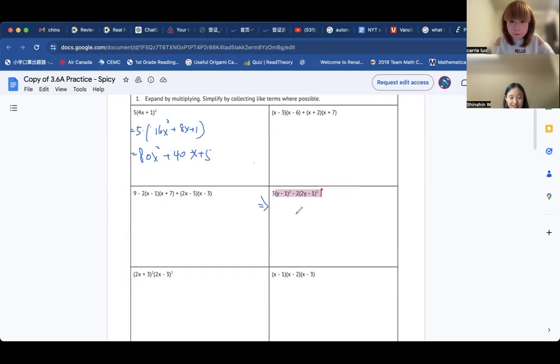The very easy thing is that y minus 1 squared keeps coming back, right? So you can replace it with a. So this question became 3a minus 2a equals how many a? A. Yeah, which is y minus 1 squared. So it's y squared plus 1 minus 2y.